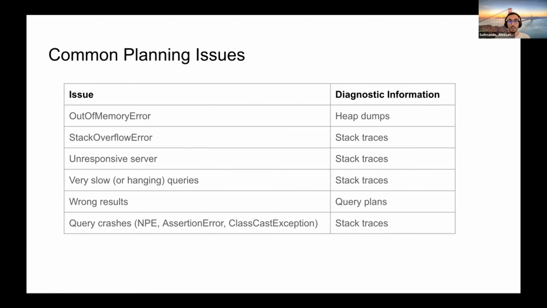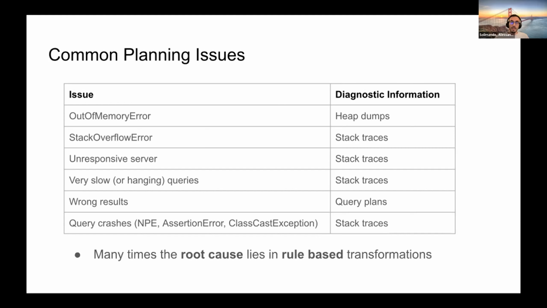When you have other issues like stack overflows, unresponsiveness, and general runtime crashes, you might want to take a look at stack traces. Specifically for query planning, when you have wrong results, you will investigate what happens in your plans. But many times the root cause is in the rule-based transformation. And good logs are key for finding this root cause, as we will see.